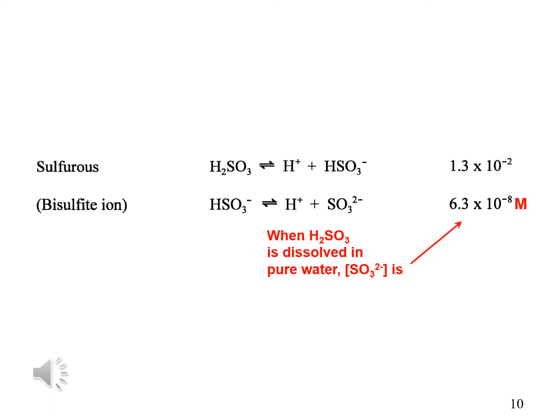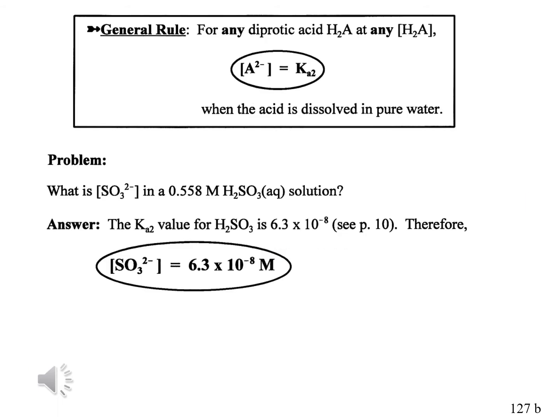The calculation we just showed is that if H2SO3 is in pure water, the concentration of the SO3 2- is just the Ka2, and all you have to do is put molar after it. So all you're really doing is looking it up. It seems too easy initially, that you should just be able to look up the answer.